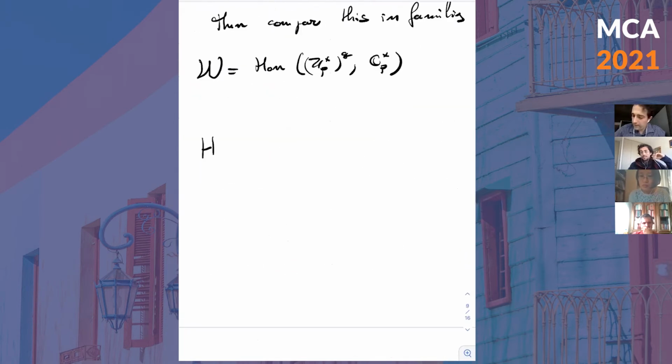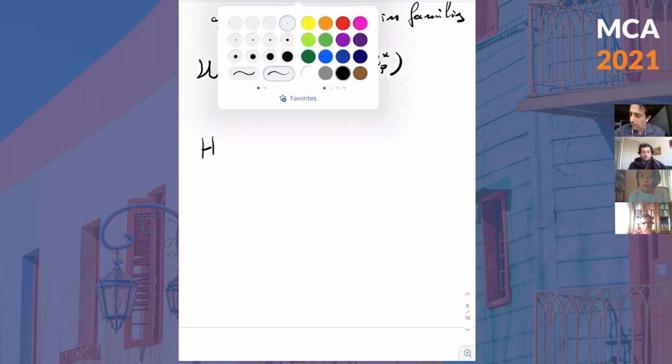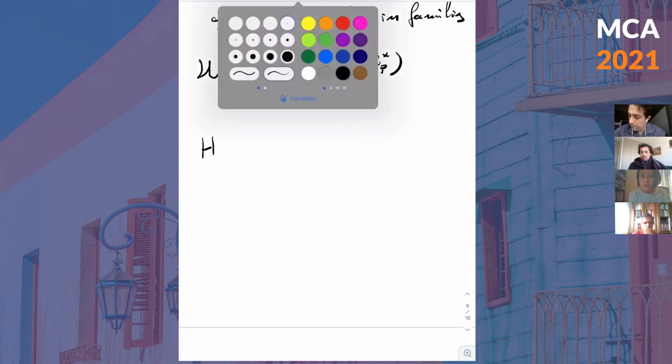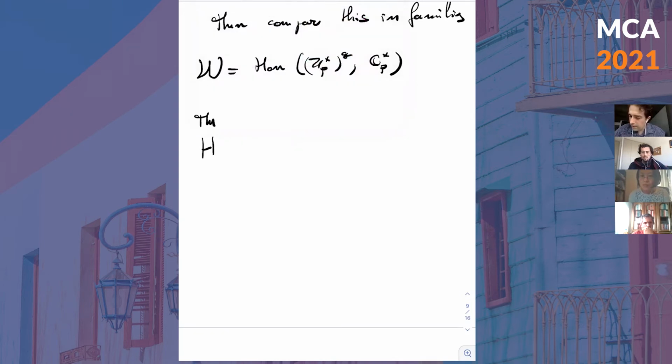The first thing is that, due to Ash, Stevens, Urban, and Hansen, a theorem says that there exists an HD of X, D kappa. Again, kappa is going to be my variable inside this weight space. And I can define a local system D kappa.